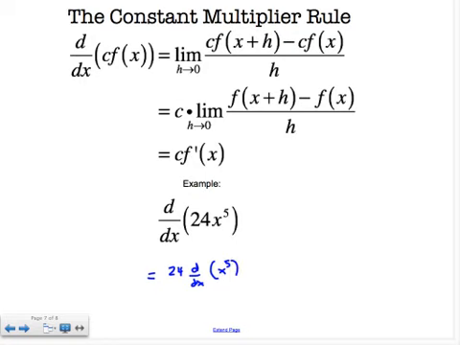So, using the power rule, the derivative of x to the 5th is going to be 5 times x to the 4th. And now we can multiply the 5 and the 24 and get 120x to the 4th. Okay, so very simple. You can just jump from this step to this step. Now that you know the rule, these numbers just get multiplied. You still subtract 1 from the exponent.